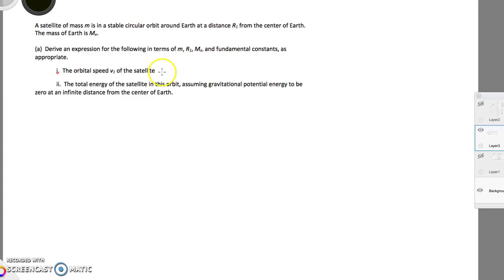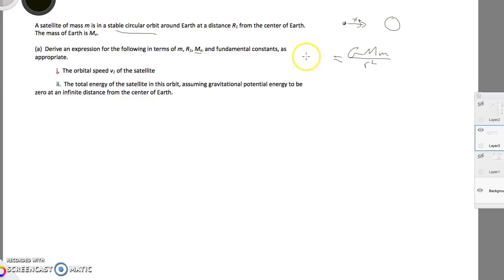So the way we would do this is we know that it's a stable circular orbit, so first of all, for the satellite, if this is Earth and that's the satellite, the only force acting on it is the gravitational force from Earth, which is equal to GMm over r squared. The big M is m sub e, little m is the mass of the satellite.